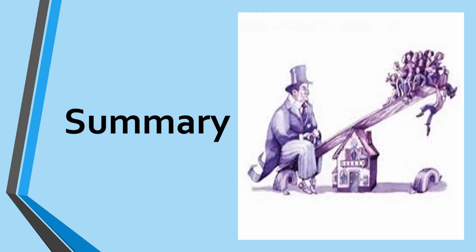Now let us go to the summary of the unit. What becomes abundantly clear from the foregoing discussion is the fact that liberals do not speak in one homogeneous voice.